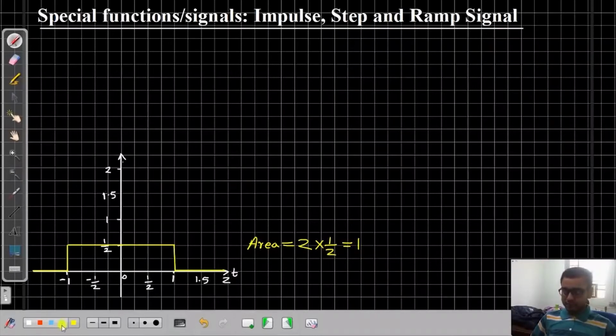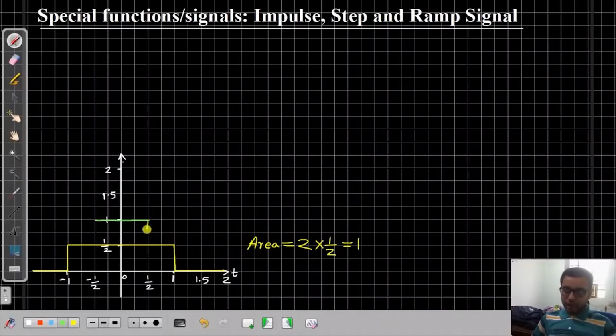Let me now draw another curve which is taller than this yellow curve, whose value is equal to 1, but it is also narrower than the yellow curve.